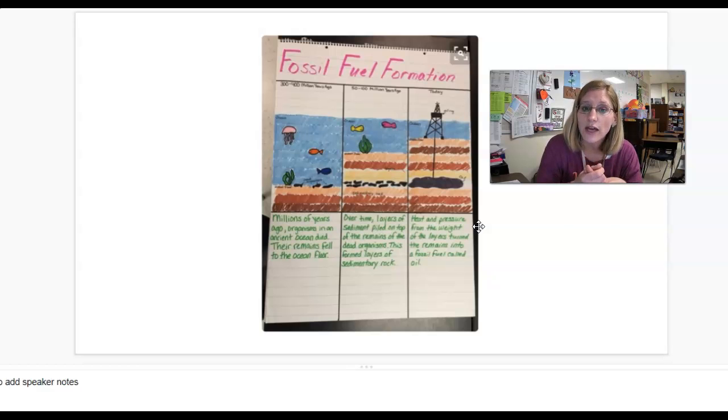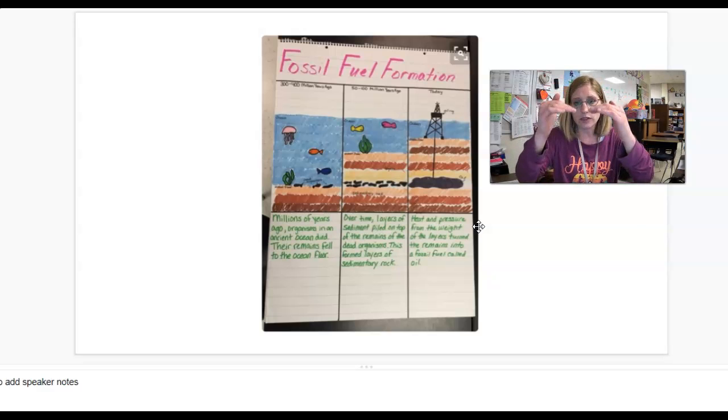So it always starts with that. And then what happens over time is it becomes dead plants and animals. And then over millions and millions of years, this is also non-renewable. It takes a long time for it to happen. Then you have piles of sediments, piles of rocks and sand, and it keeps building up, right?